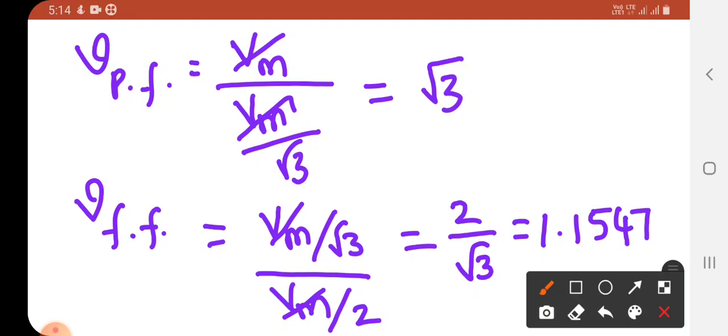So you can observe that it is greater than 1, and even the peak factor is also greater than 1, because what is the value of root 3? Root 3 value is 1.732. So now here we have the various values for the function like this.